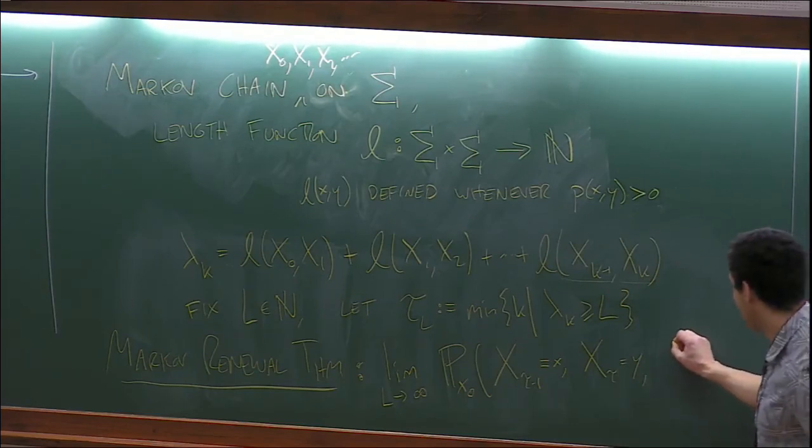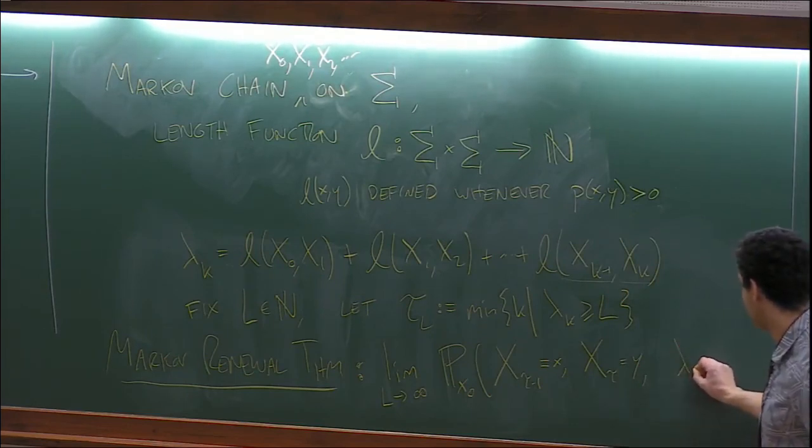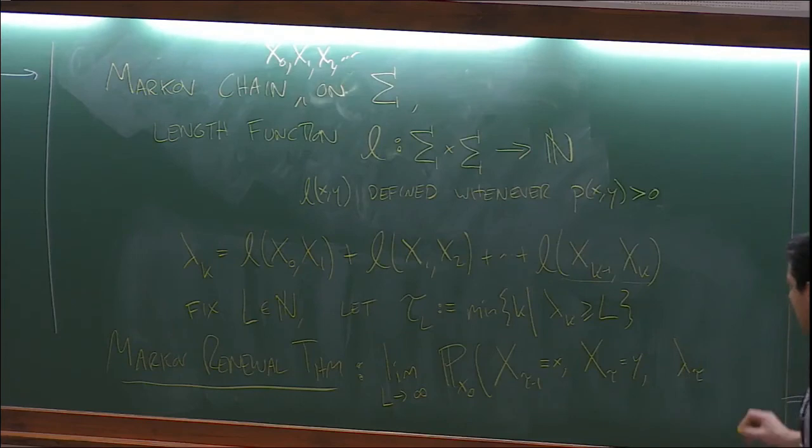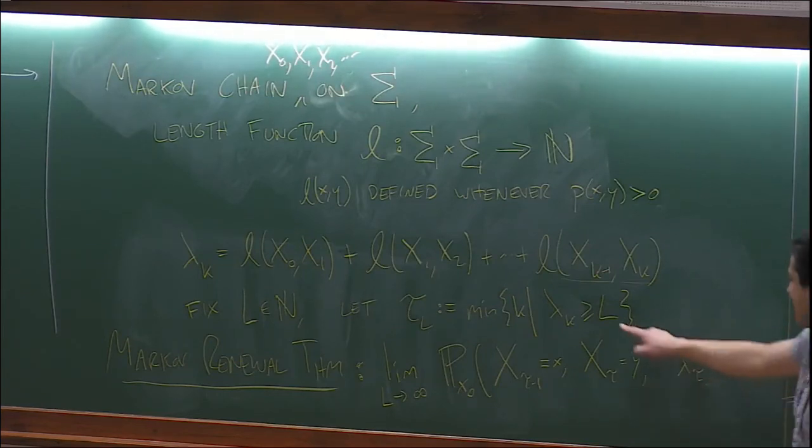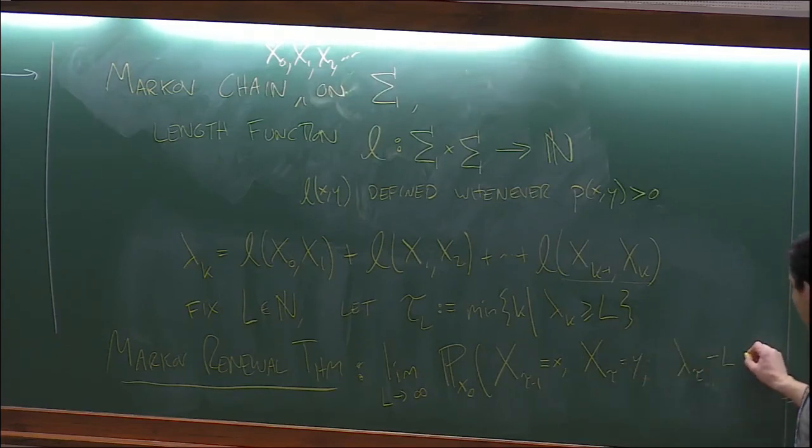So you could ask for lambda tau L. So you know lambda tau, well, it has to be at least L, but it might be bigger. So let's ask for that to equal some number n.